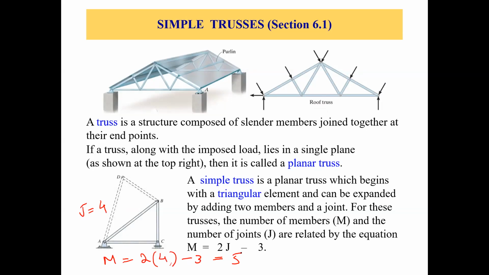How many members do we have? We have 1, 2, 3, 4, 5. So that's how it works. For any planar truss, for any simple truss, we can use this equation to find the number of joints or the number of members.